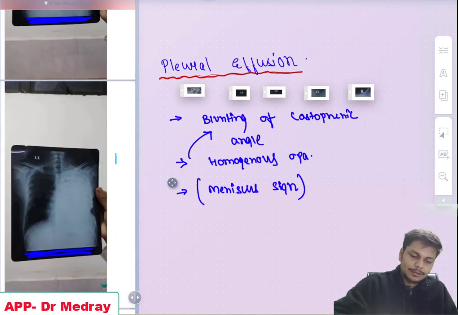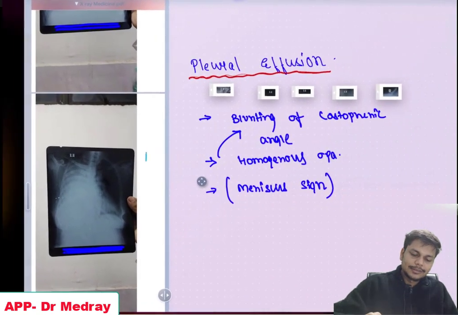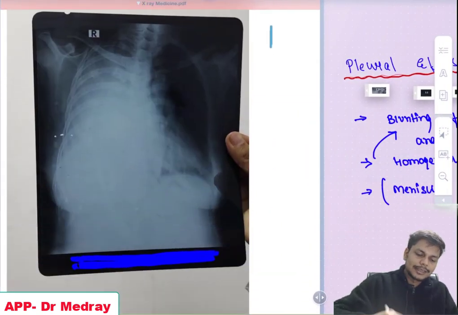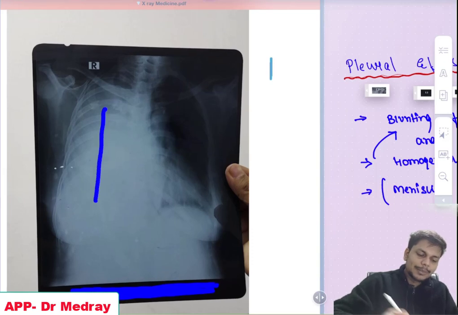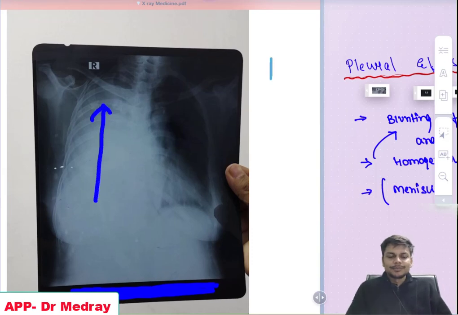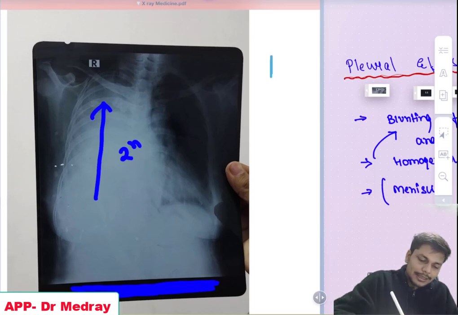The patient might also have shifting of the trachea to the opposite side if the pleural effusion is massive. We say that the pleural effusion is massive if it is reaching up to the second rib.